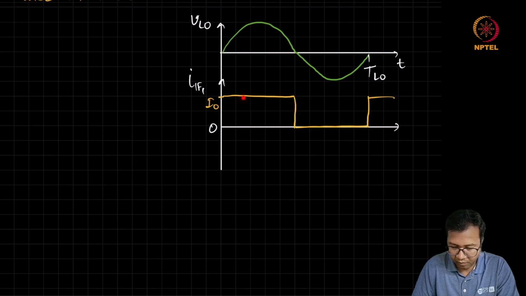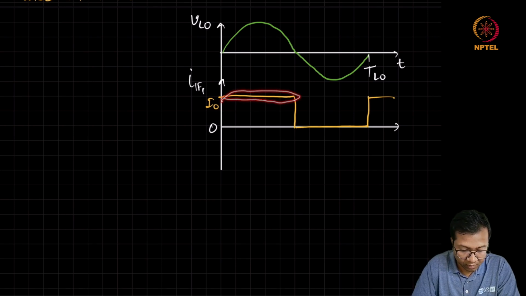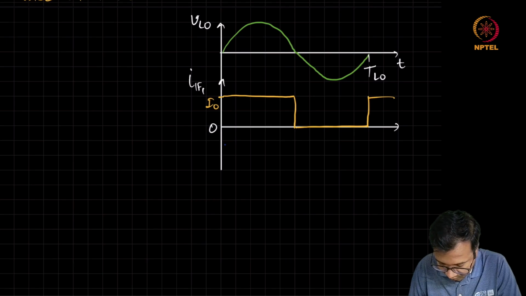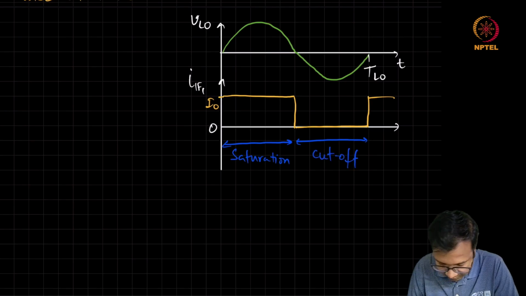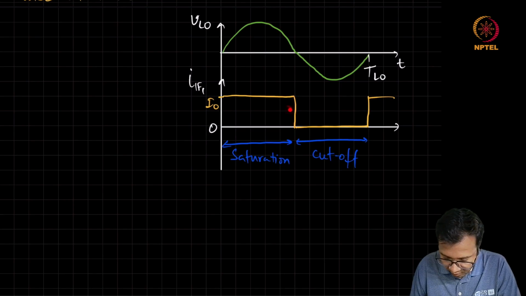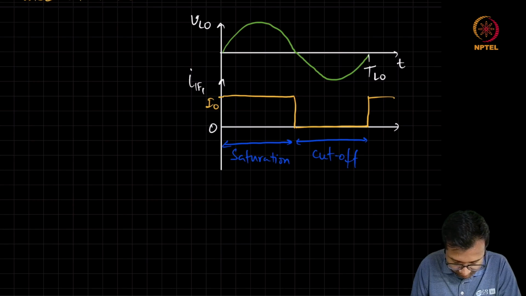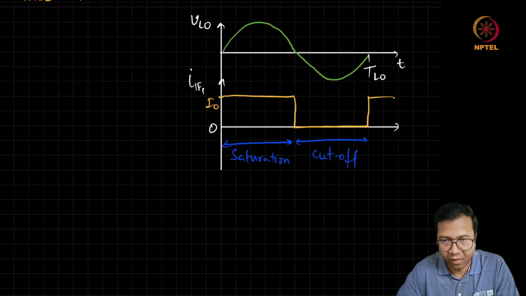So during this period, we can just say that the MOSFET is in saturation. Then there is a cutoff period, and there is a small transition duration, and in this transition duration, the MOSFET is switching between saturation and cutoff.